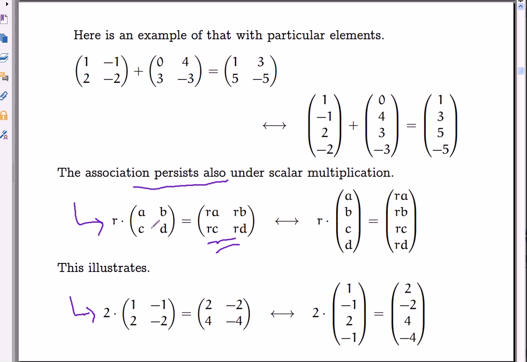On the other hand, take this original matrix, find the corresponding vector in R4, multiply that by a scalar, obtain a vector, and this vector happens to be exactly the vector that is associated with this 2 by 2 matrix here. And here's a particular example that you can look at and verify that it works in this case. And any other cases work exactly the same way.